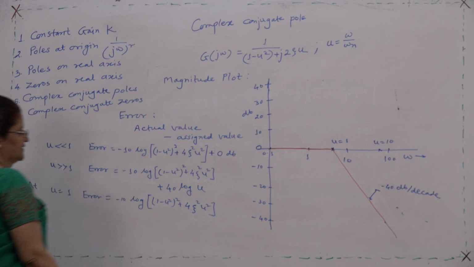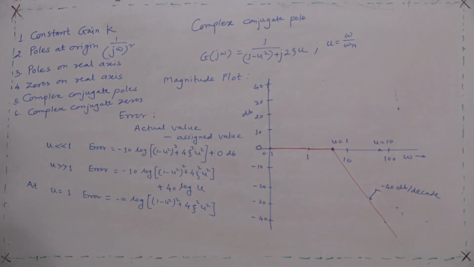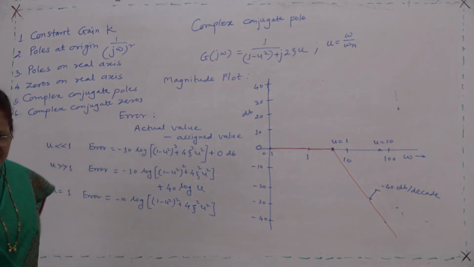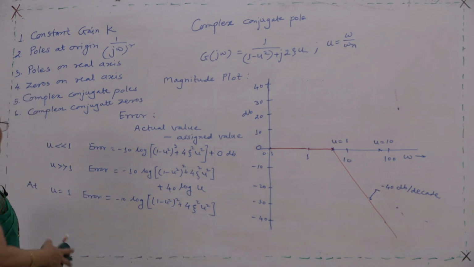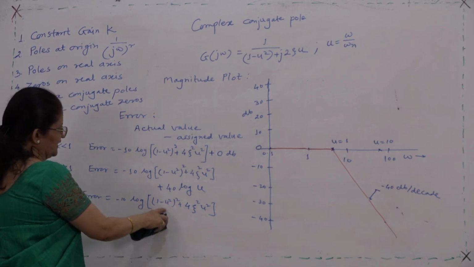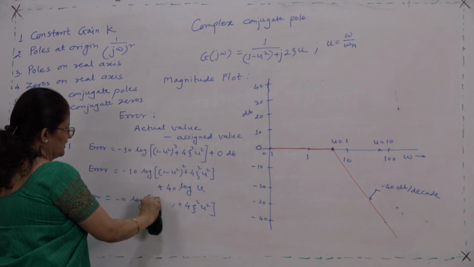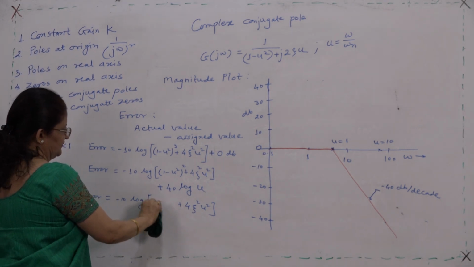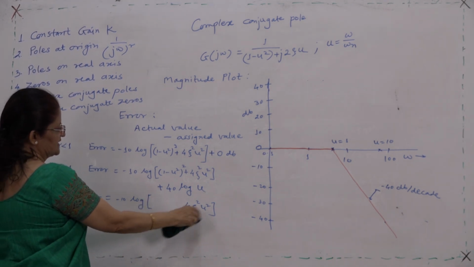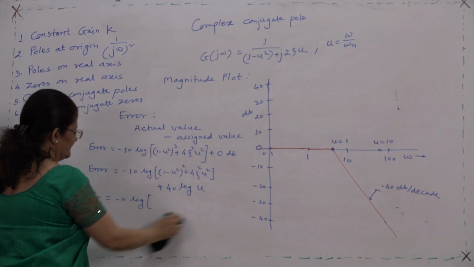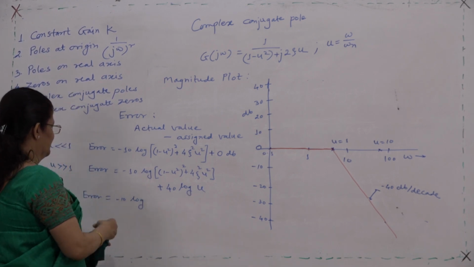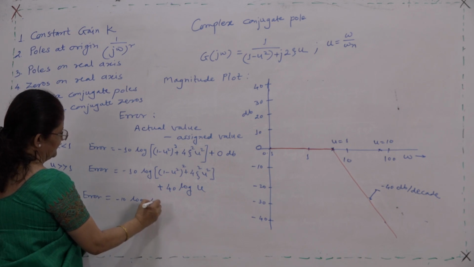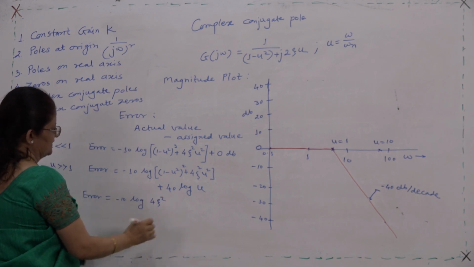What you can observe here is that at u is equal to 1, you will not get the first term, plus 4 zeta square u square. So, I can write directly the value is 4 zeta square.